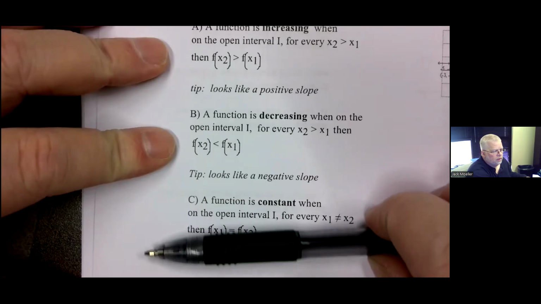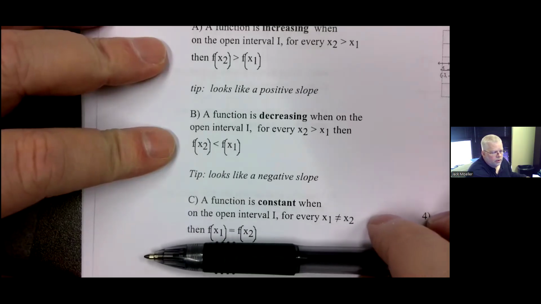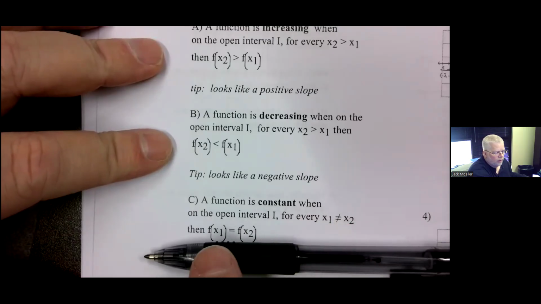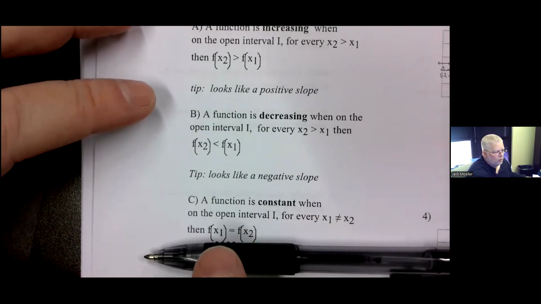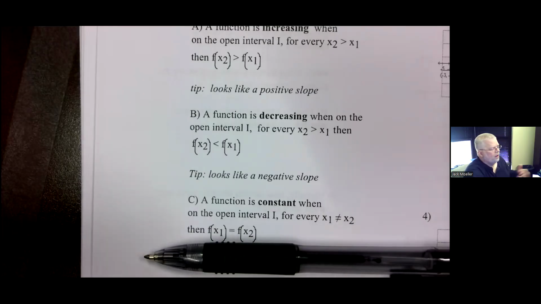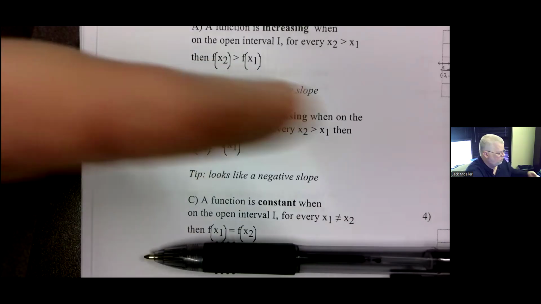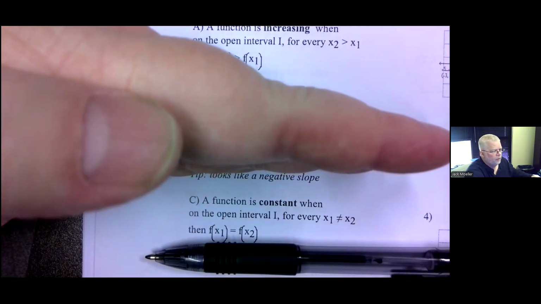And then for constant, just to look at the definition, when we have different x's, f of x1 equals f of x2, that says y1 is equal to y2. Well, what kind of graph do you have if all the y values are the same? You have a horizontal line.